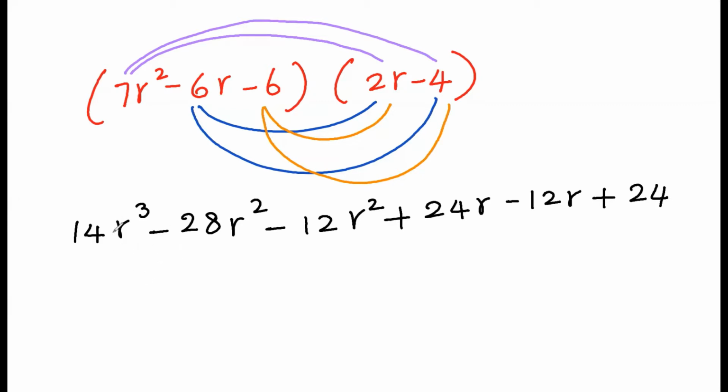I see that there is only one r cubed term, so I'm going to keep that term as it is. I see two r squared terms, so I'm going to go ahead and combine them. So there is negative 28r squared, negative 12r squared, and that is going to be negative 40r squared.